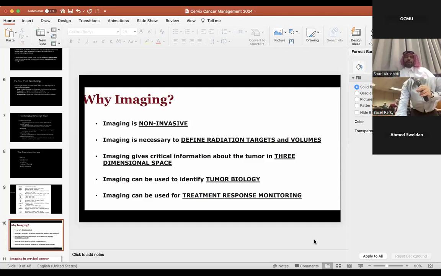Also the onset and severity of the bleeding, if the patient has any fainting or any issue that suggests she has severely bled. Also very important, you mentioned sexually transmitted diseases, because in some areas it's very endemic, like HIV, etc. And this is very important. Then you proceed to the biopsy.